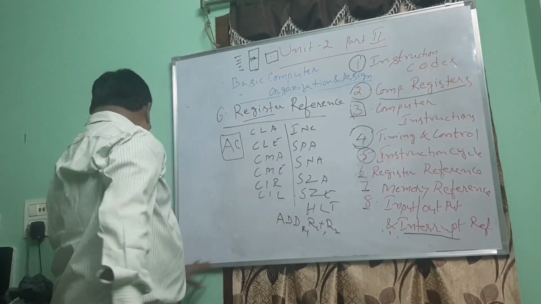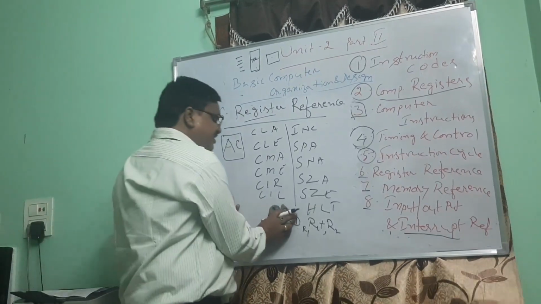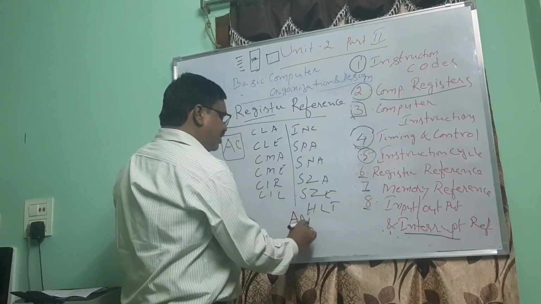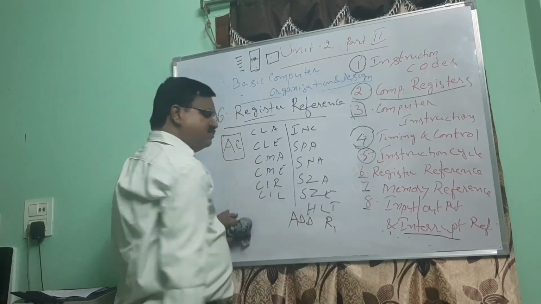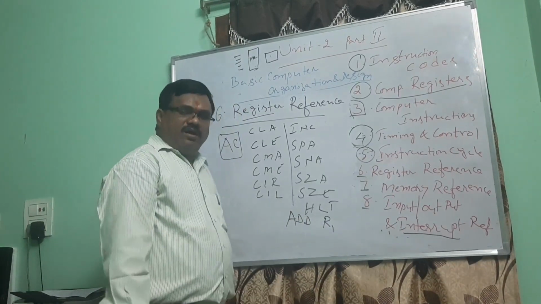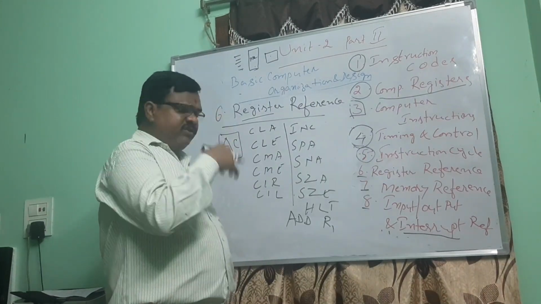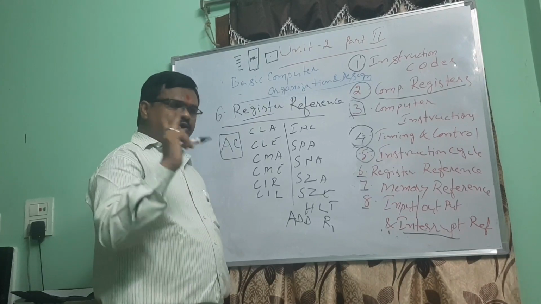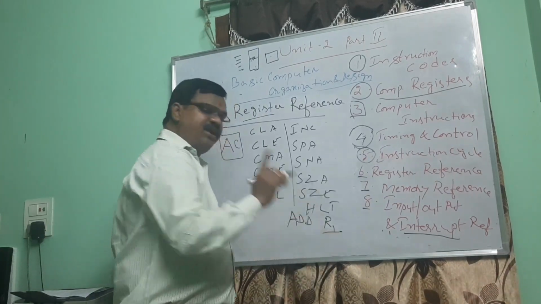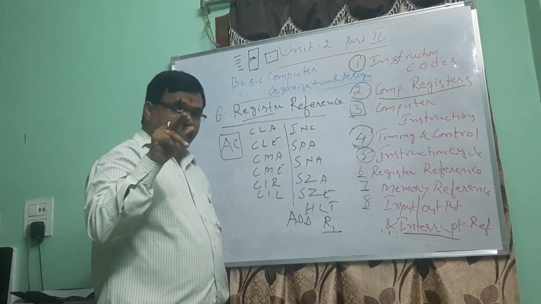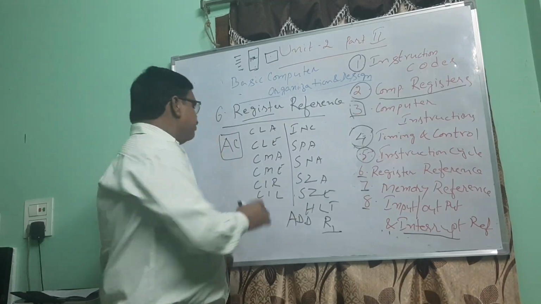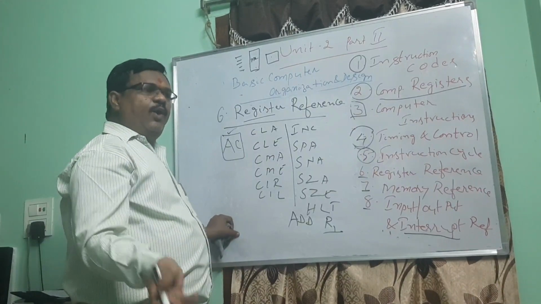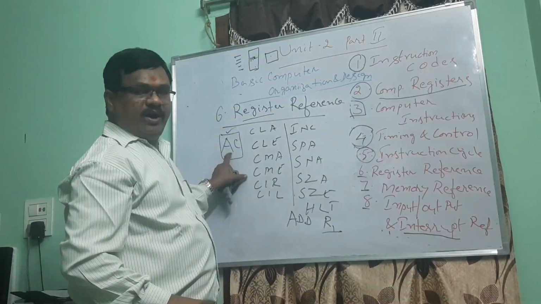Otherwise, if I say add R1, now you tell me, add R1 with what value? If you want to perform addition, you need 2 values, but here we have given only 1 register. So in that situation, a default register is considered, where one of the inputs is in the accumulator.